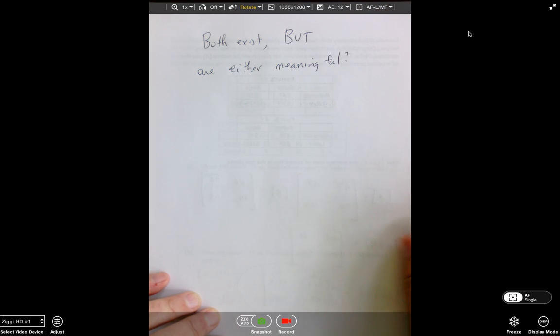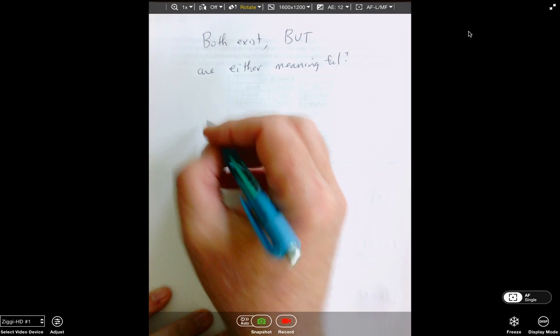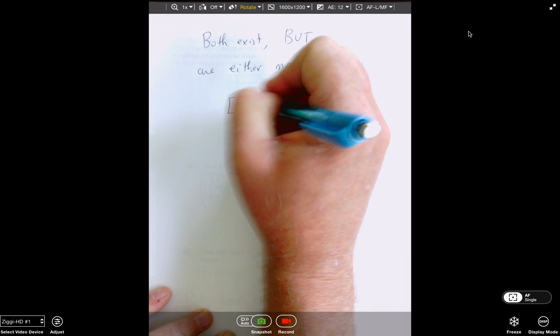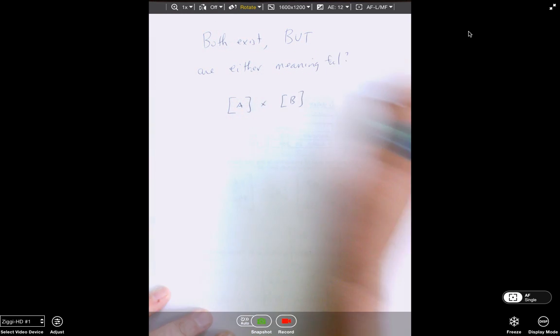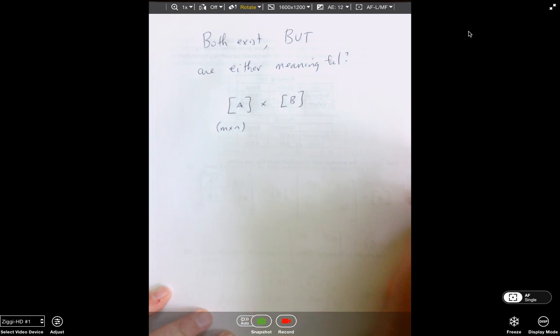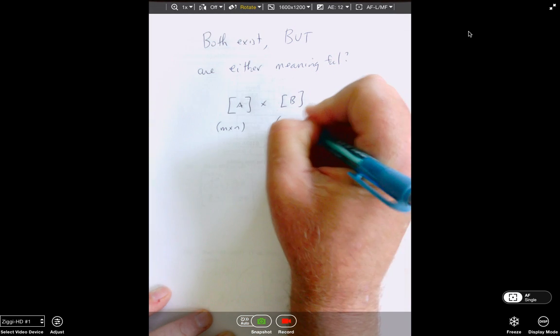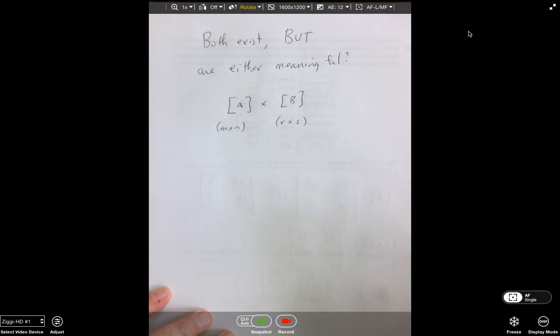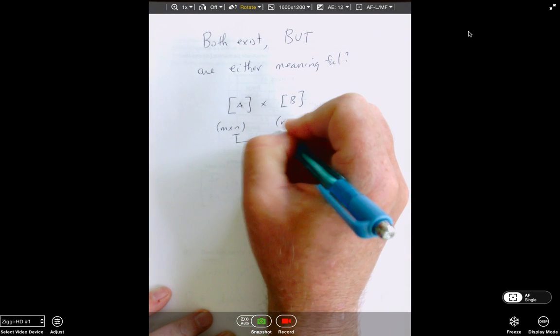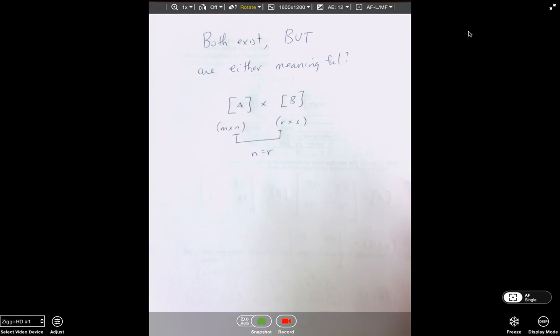Do either have a meaningful interpretation? So the way you determine this is our first matrix A times our second matrix B in general. Now again, remember, we're just going to call this an M by N, and we're going to call this an R by S. For the product to exist, N has to be equal to R.